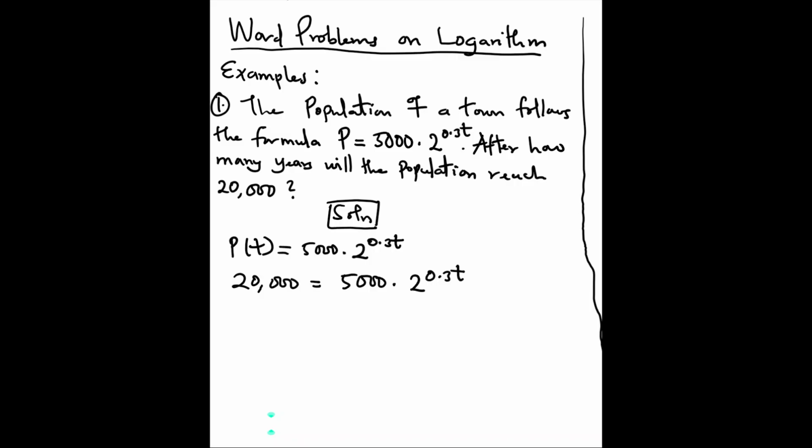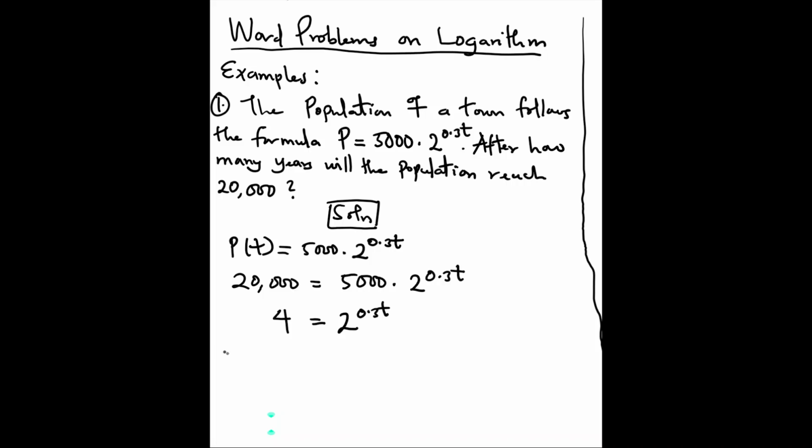Okay, so now we have to isolate the exponential and divide both sides by 5,000. If we divide both sides by 5,000, we should have 20,000 divided by 5,000 will give us 4, equals 2 raised to power 0.3t. Okay, so if we solve for the exponent, we are going to write 4 as a power of 2.